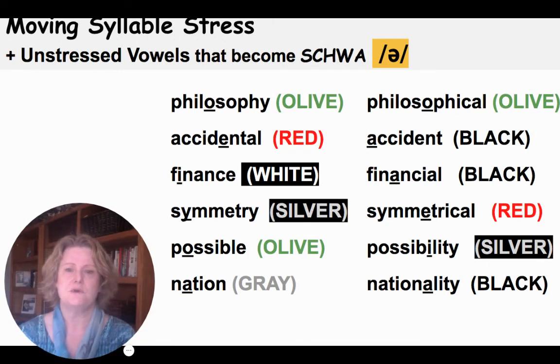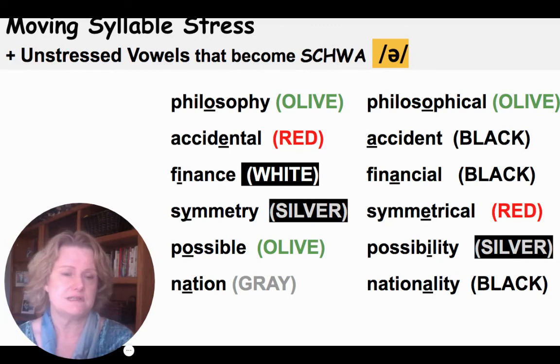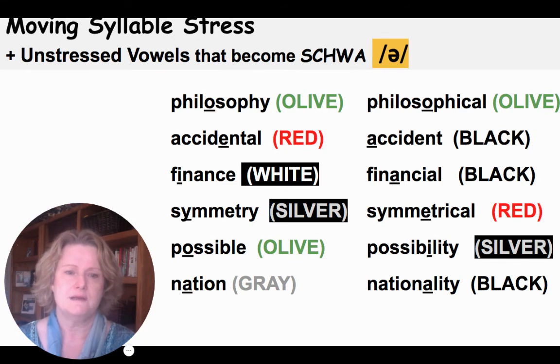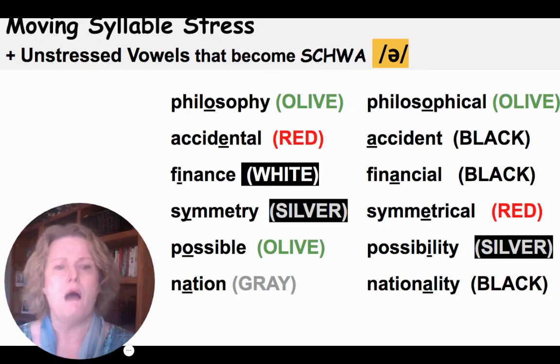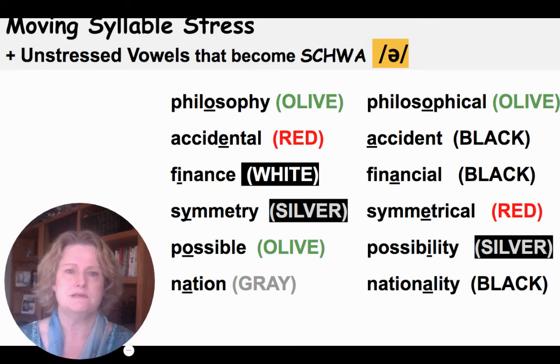The other two are schwa. Possible. Now for possibility, the syllable stress shifts, and it's now the second I, which is silver. Possibility. And you have to say the last one is green. Possibility.